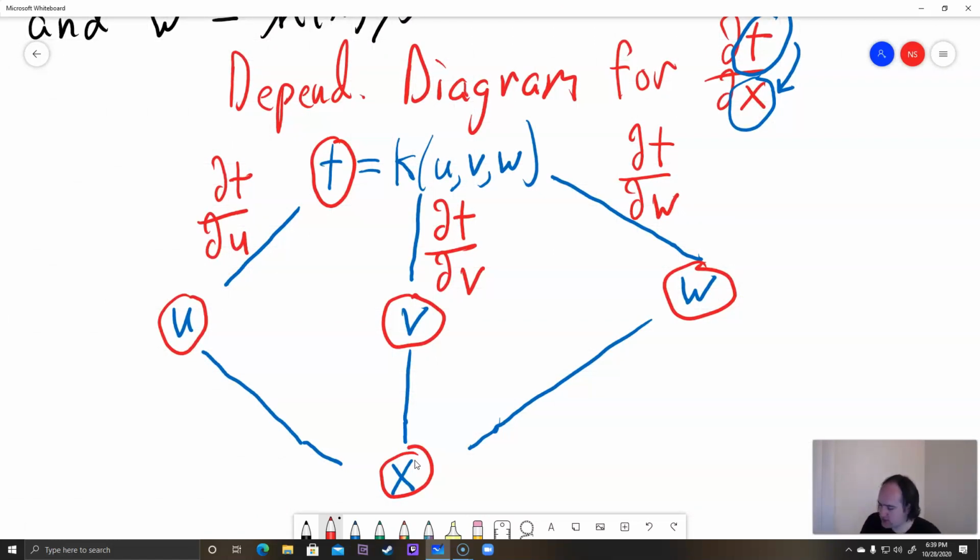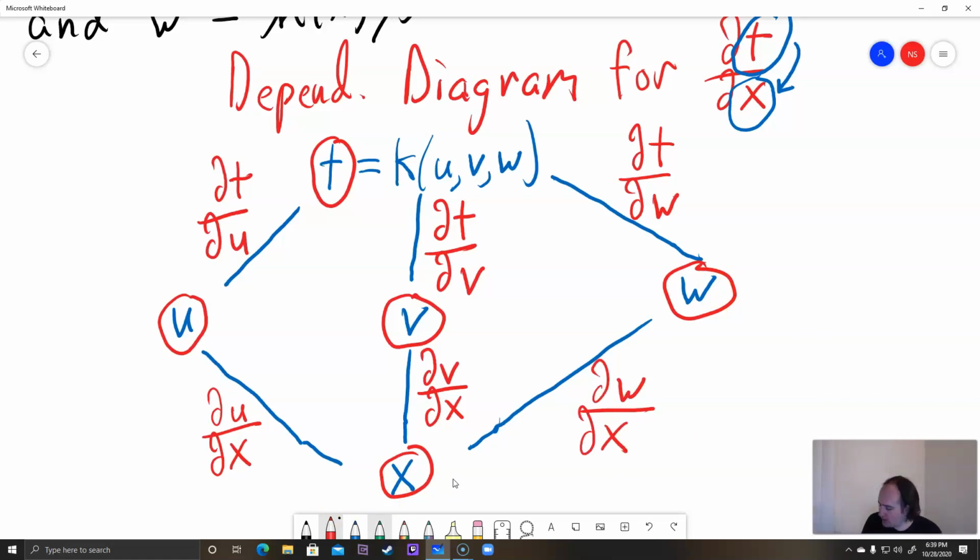On the left side, we start at u and we end at x. So this branch here is going to be partial u, partial x. The middle branch starts at v and ends at x. So that's going to be partial v, partial x. And then the right branch starts at w and ends at x on the bottom. So that's going to be partial w, partial x.